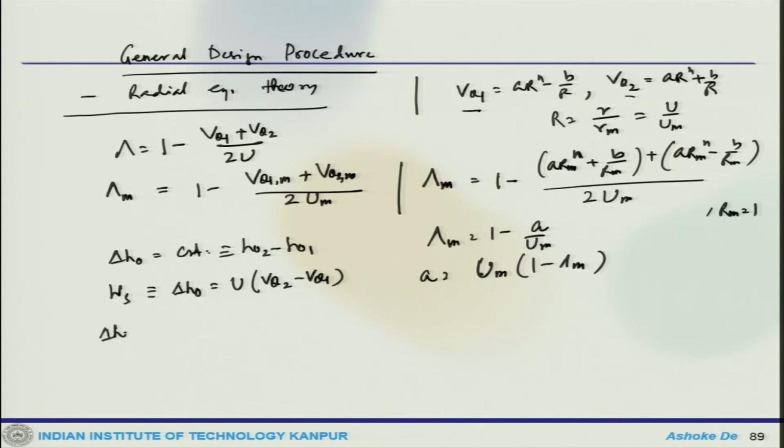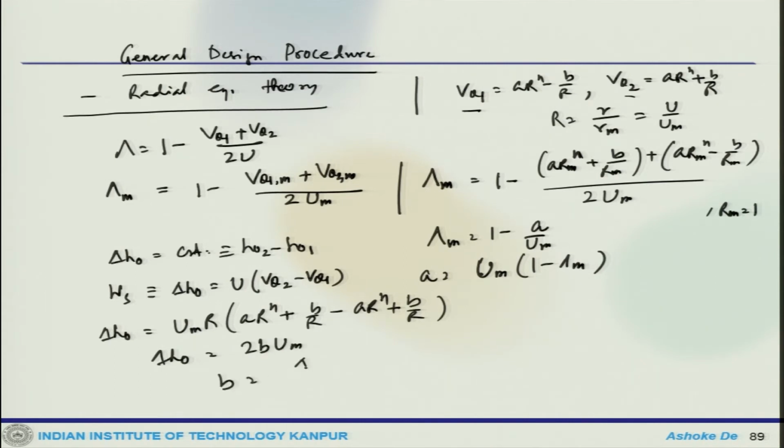So, what we can write is U m times A r to the power n plus B by r minus A r to the power n minus B by r. So, this leads to 2B U m, delta H naught by 2U m. So, once you have these values of A and B, one can see these values are independent of r, and this can be used.